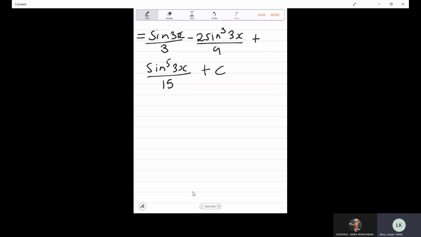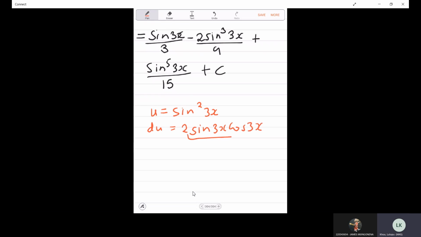Okay, so again, like I always say, if it's confusing here, what you should do is you should say u is equal to sine squared 3x, and then du here is 2 sine 3x cos 3x.